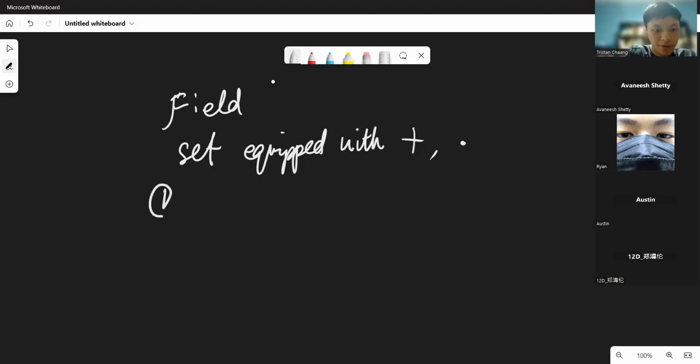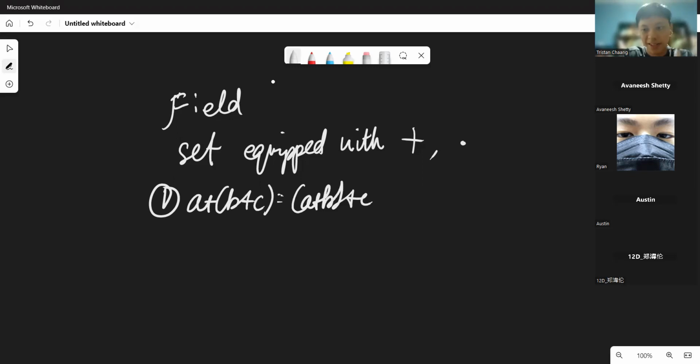So first of all, commutativity and associativity. So A plus B plus C, like this. If we first add B plus C and then add A, it's the same thing as A plus B first and then add C. And the same thing goes for multiplication as well. In fact, if the context is clear, I will not write the dot.